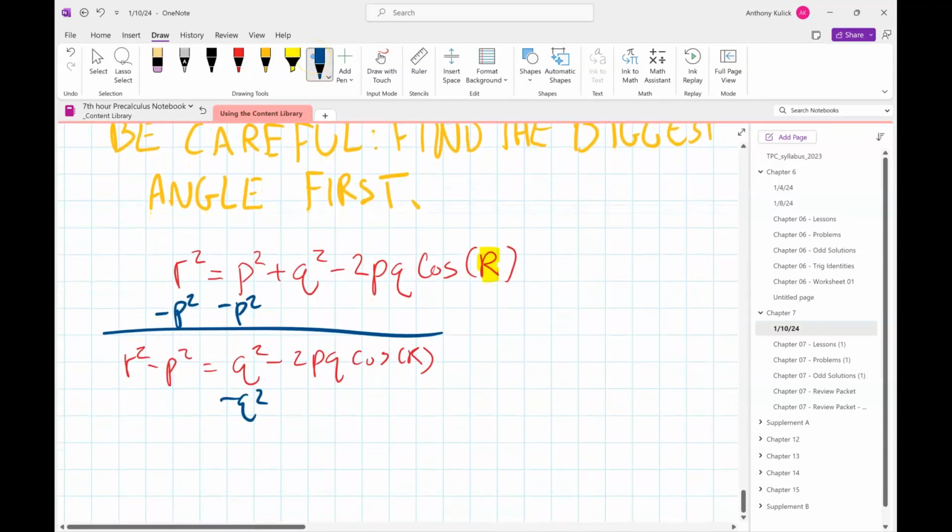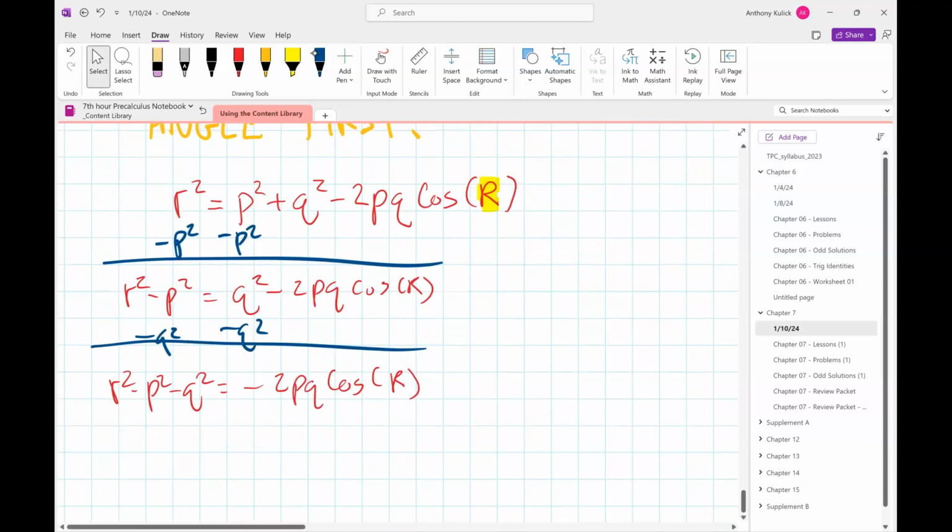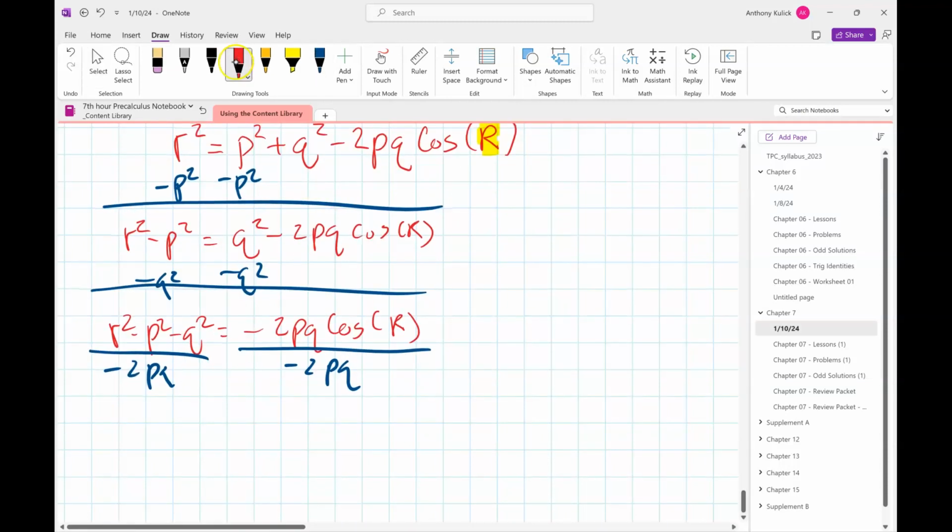And then subtract q squared from both sides. So now I have r squared minus p squared minus q squared equals negative 2pq cosine r. And I'll divide both sides by negative 2pq. So I have r squared minus p squared minus q squared divided by negative 2pq.